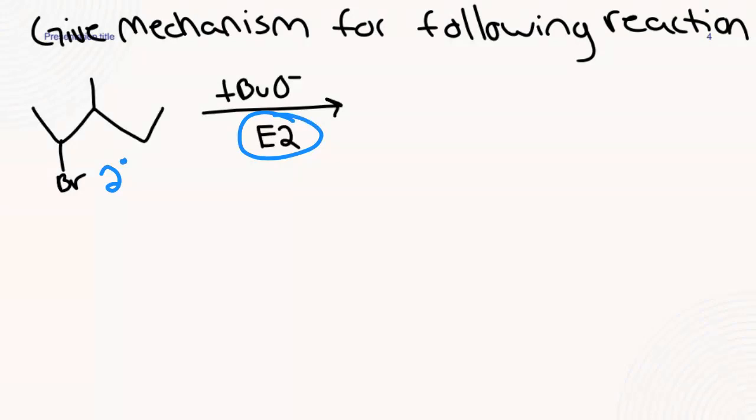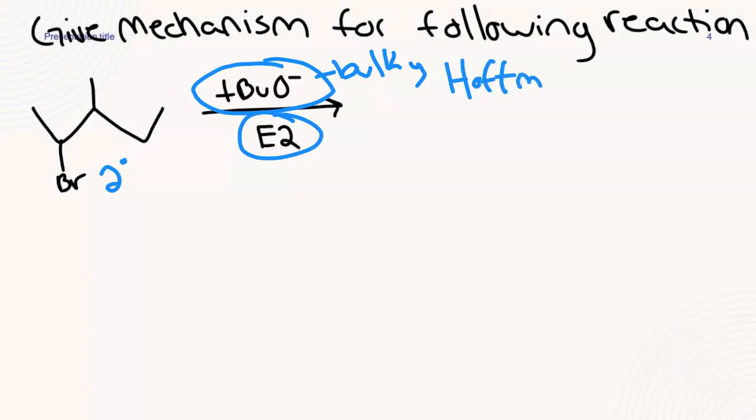So we have T-butoxide, which is a bulky base, E2 reaction, okay? So if I have a bulky base, it's going to be under kinetic control, which is a Hofmann reaction, which is going to mean my less stable product is major.